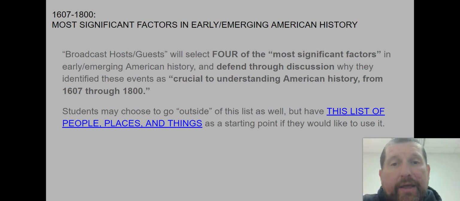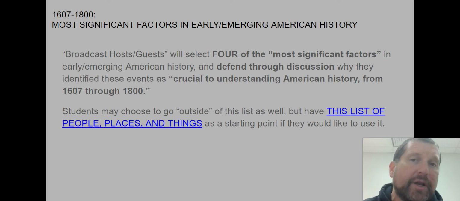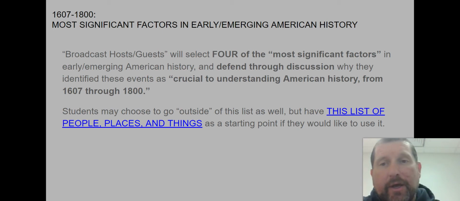And what I mean by that is you are going to select 4 of the most significant factors. And then you're going to defend through discussion on your podcast broadcast why you chose these factors and why these factors are, in fact, crucial to understanding American history between 1607 to 1800.